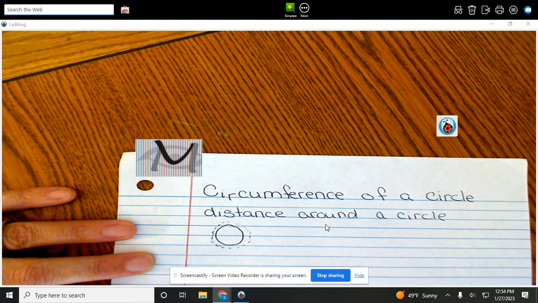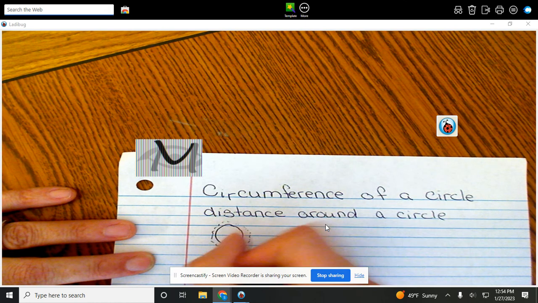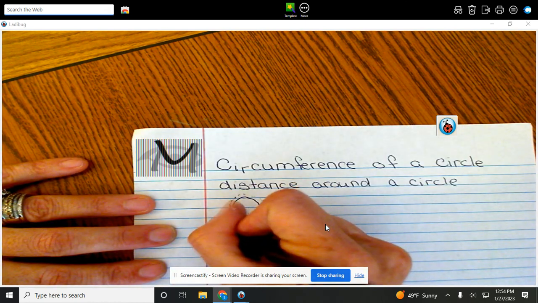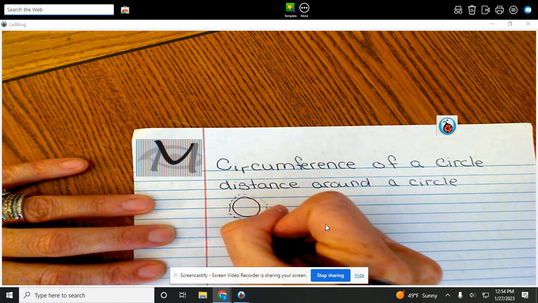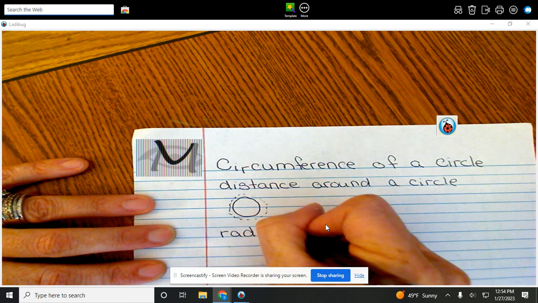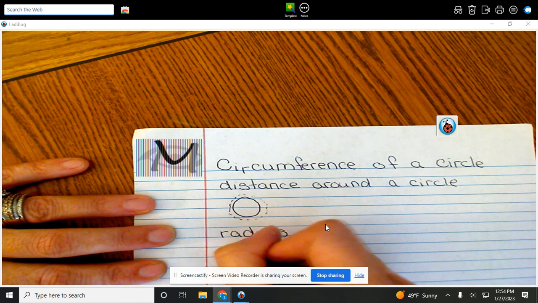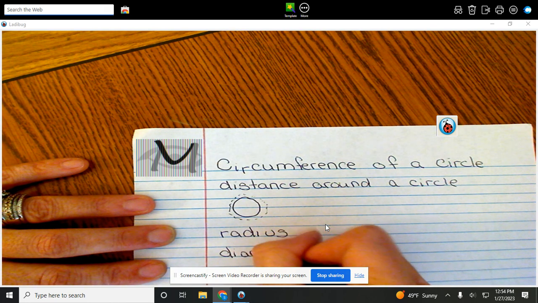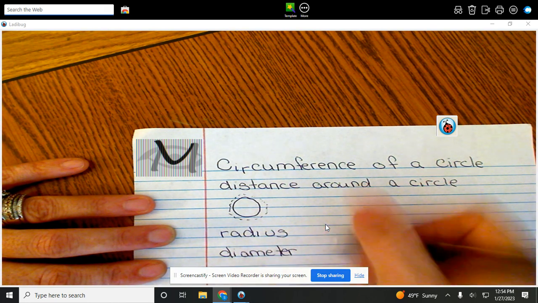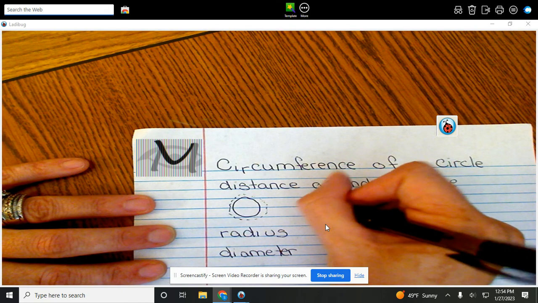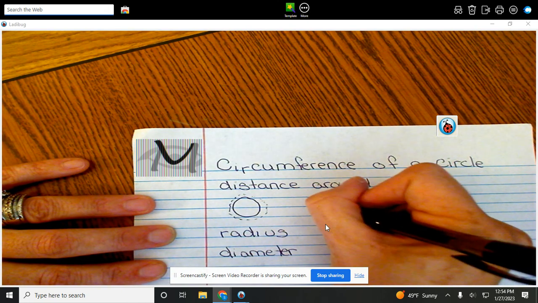So there are two ways to figure out the distance, and that is depending on if you have a radius or if you have a diameter. So a radius is only halfway across.